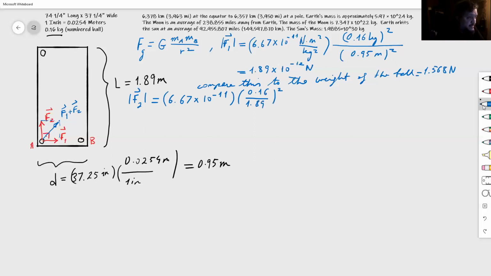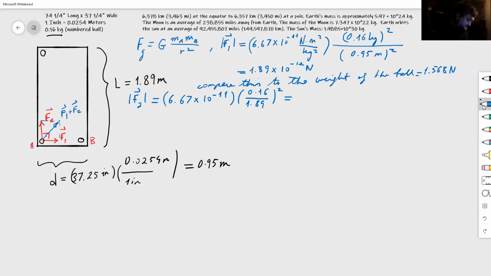Both are squared. So 0.16 divided by 1.89. Take the square of this number and then multiply by 6.67 times 10 to the negative 11.